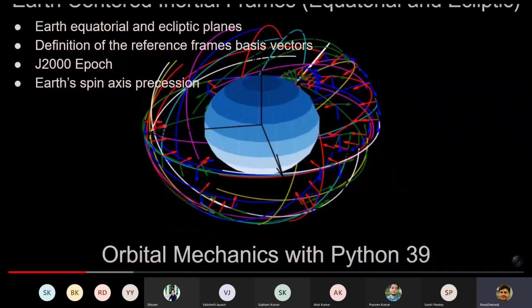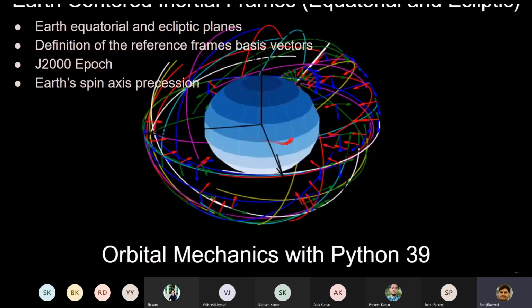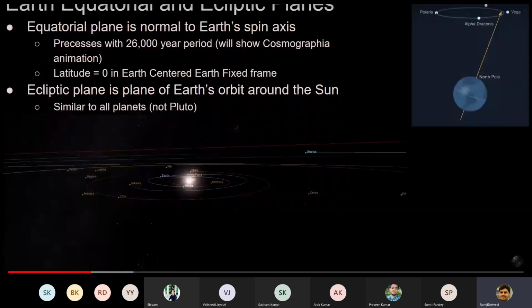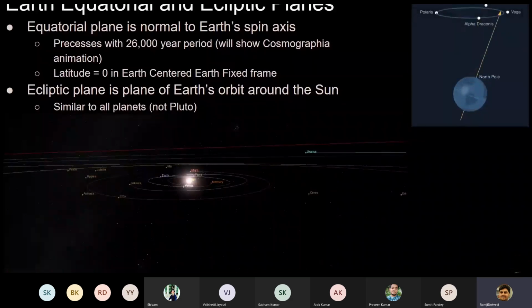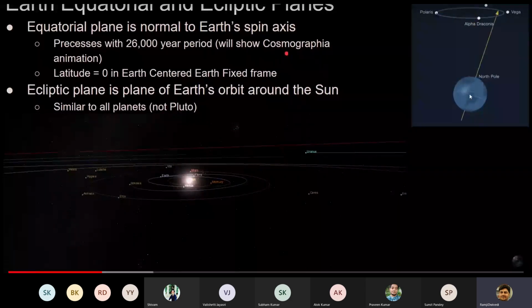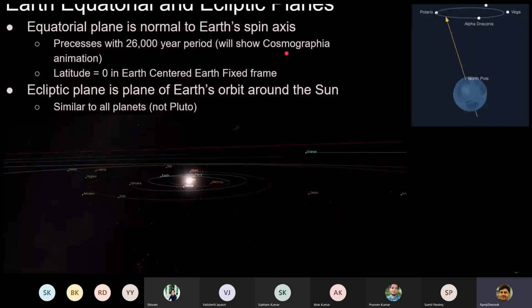So with this figure, we are also explaining two more things. Observe the right-hand figure here. This is how your Earth takes 26,000 years. That rotation axis, this yellow arrow, takes 26,000 years to come back to the same position.